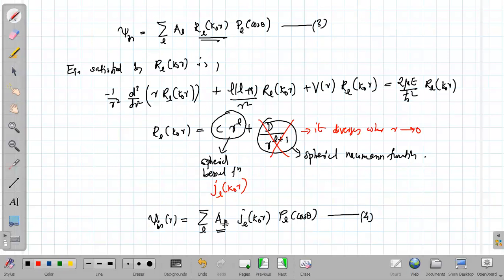So what I will do is multiply by PL prime cos theta in equation number 4 and integrate the entire expression with respect to d cos theta from -1 to +1.